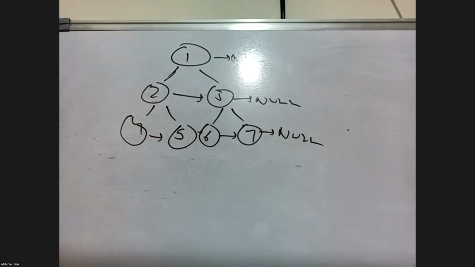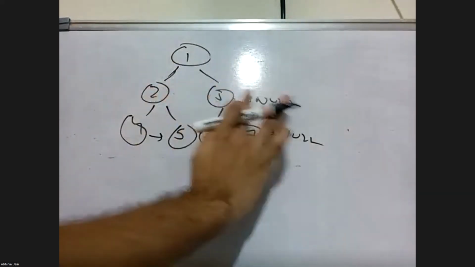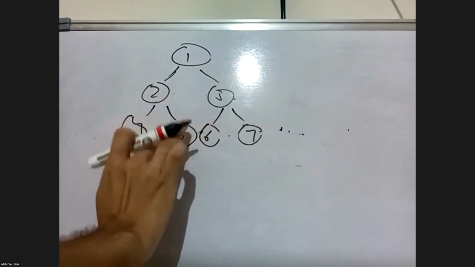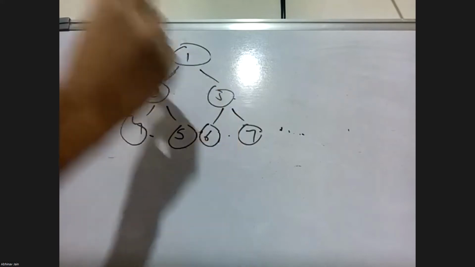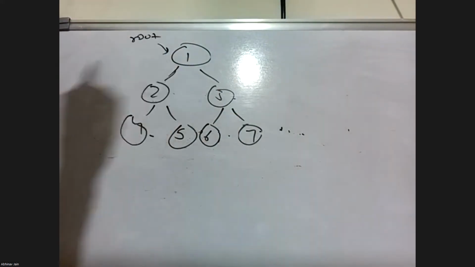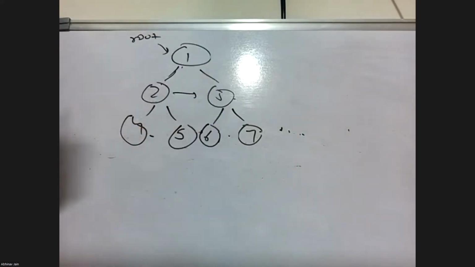So let us think of the approaches, how we can do that. This is the root node here, right? So what do we need to do? The left of this root should point to the right of this root. Why is it so simple?